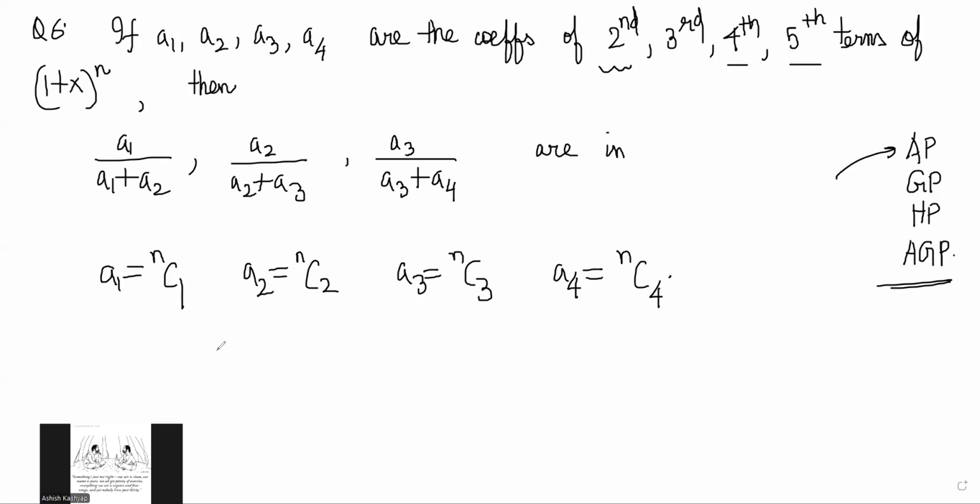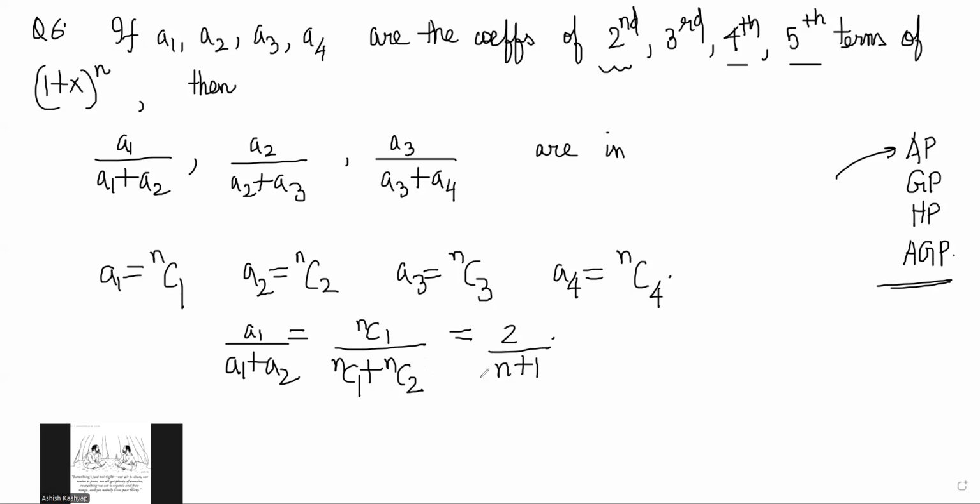So once we have that, what is A1 by (A1 plus A2)? That is basically NC1 by (NC1 plus NC2). So if you simplify this a little bit, this is N by (N plus N into (N minus 1) by 2). And if you simplify this, you will end up with 2 by (N plus 1). You should do the simplification yourself. You will be able to prove that this is 2 by (N plus 1).